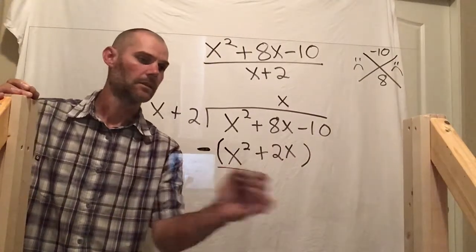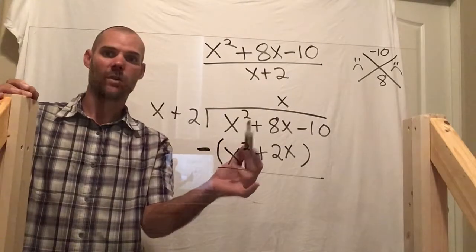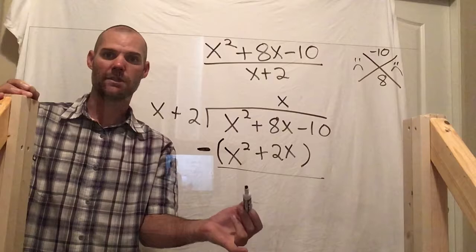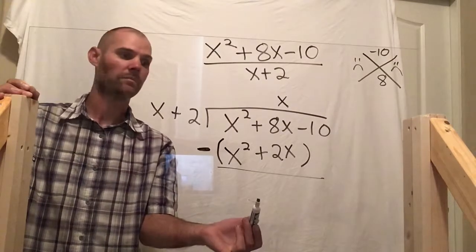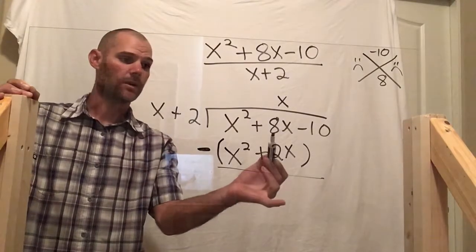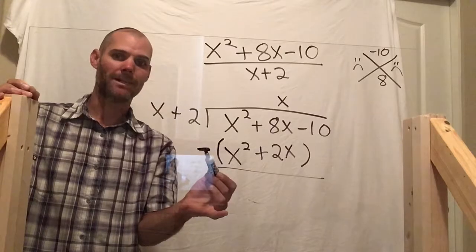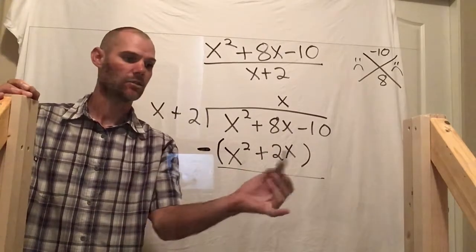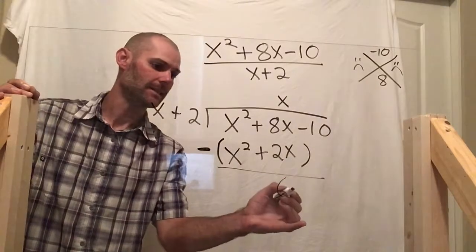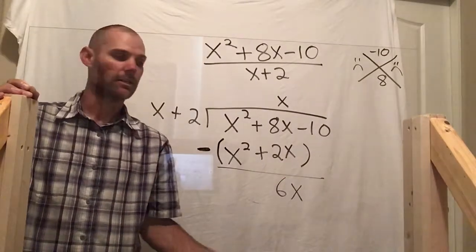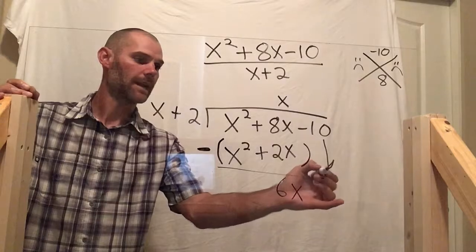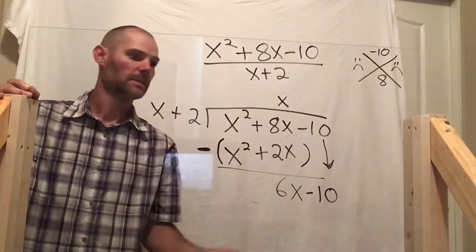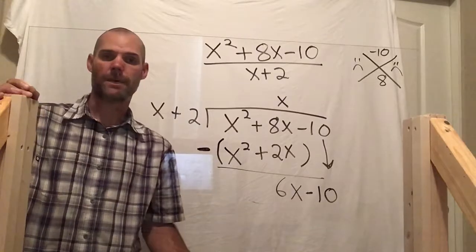Now x squared minus x squared is nothing, so I'm just going to leave it blank. Again, this is the tricky part: 8x minus 2x is 6x. Here comes the part where I bring this guy down, just like in regular long division. So now I've got 6x minus 10.